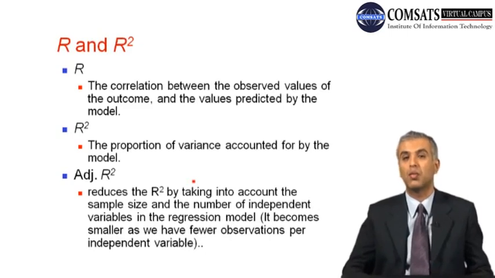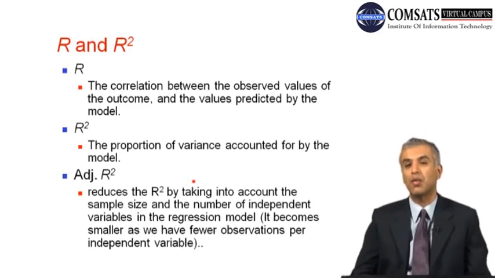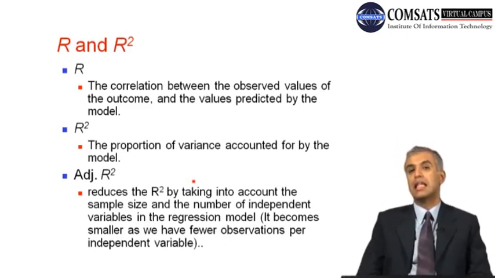As we know, one of the discrepancies of the R square value is that the greater the number of independent variables, the R square has the tendency to increase naturally. So based on that, this is one aspect which should be very carefully considered.